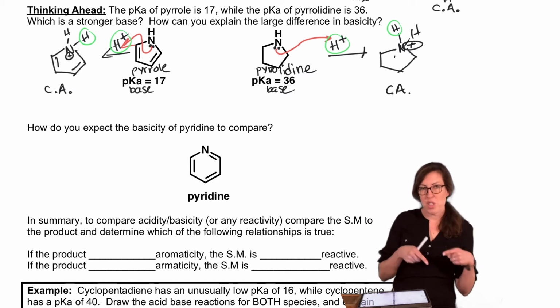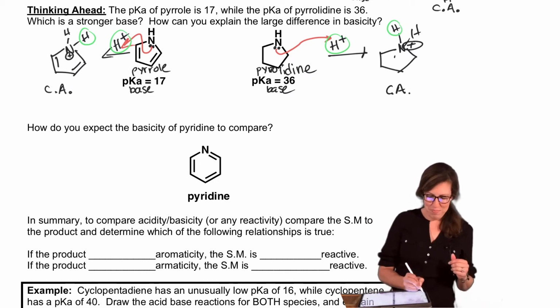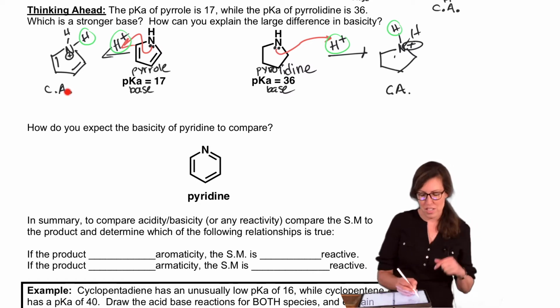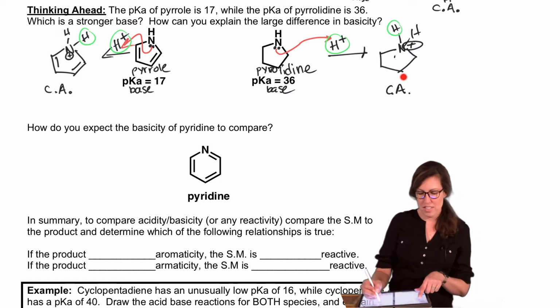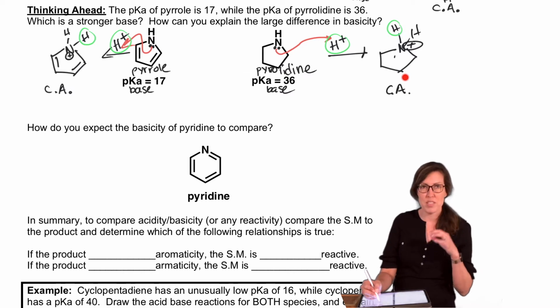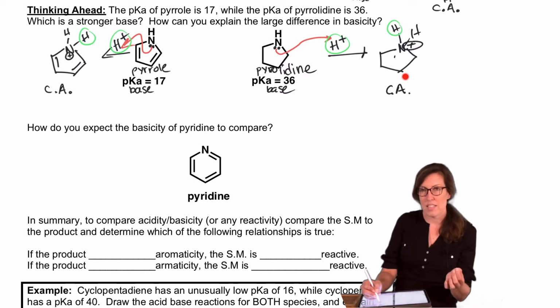Now think about this chapter. We're going to ask the following question: which conjugate acid is the least stable? Which one did we not want to form? Well, remember we go through CARIO and all of that, right? Aromaticity is a whole other aspect of CARIO because if you think about resonance, that happens when you have conjugation.